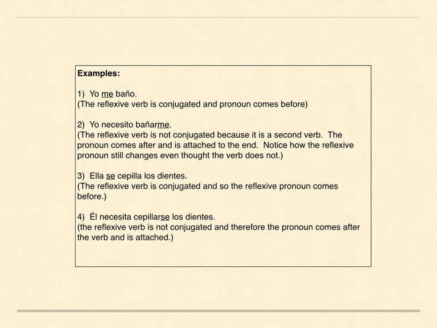The reflexive pronoun for él is se. And since it is a second verb and cepillar is not conjugated, it's going to stay se, it's going to come after the verb cepillar, and it will be attached. Okay? So, that's an explanation. We'll practice some more in class and with our homework. So study these, and we will practice some more.